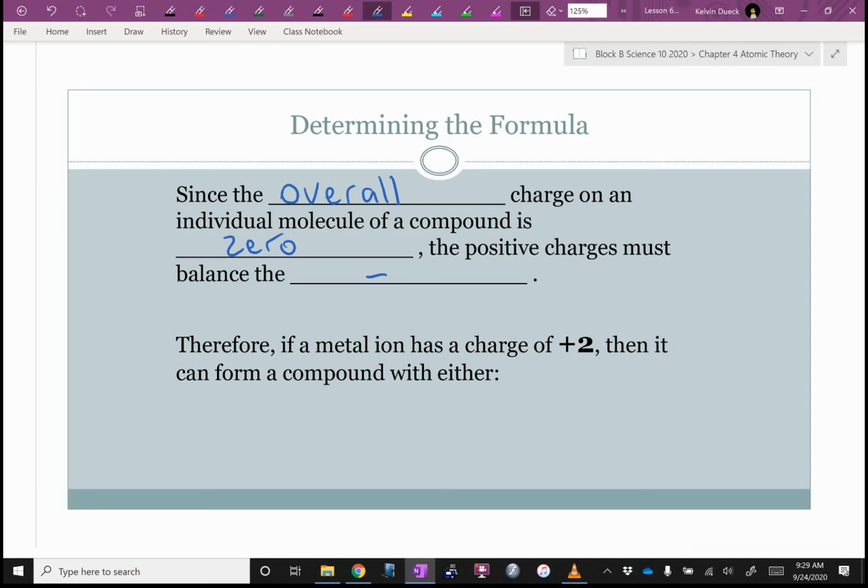If an ion has a charge of 2 plus, it can form a compound with either 1 ion with a 2 negative charge, or 2 ions with 1 negative charge each. Or we can get more complicated as well, but for now, that would be the easiest way to form compounds. But if you're looking for a systematic way, that crisscross rule will work most of the time.